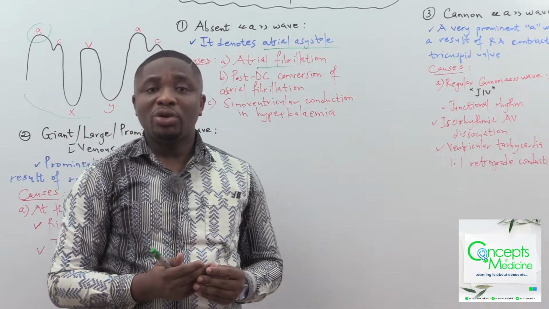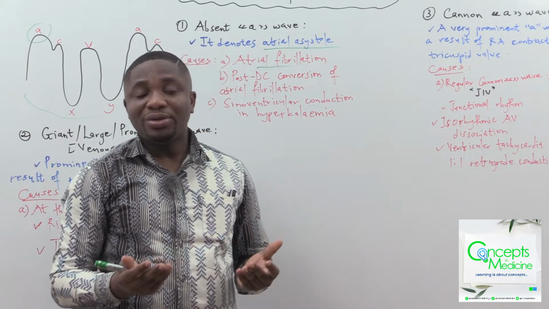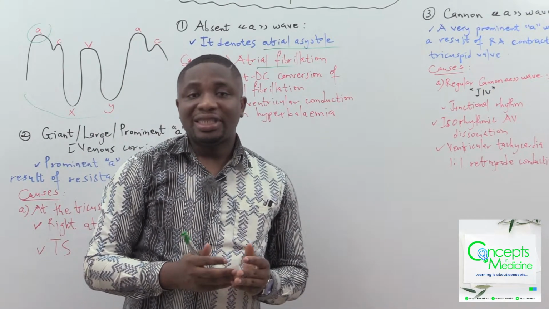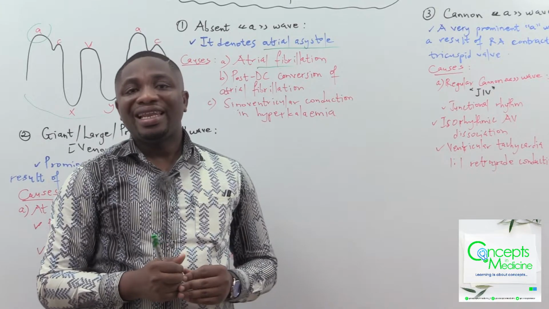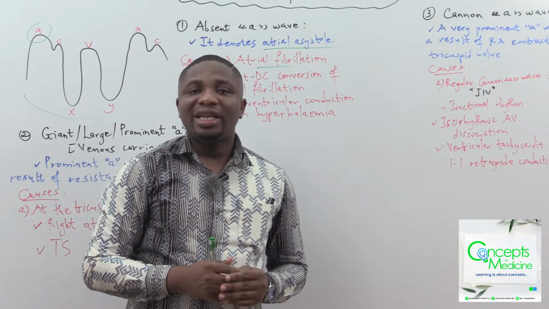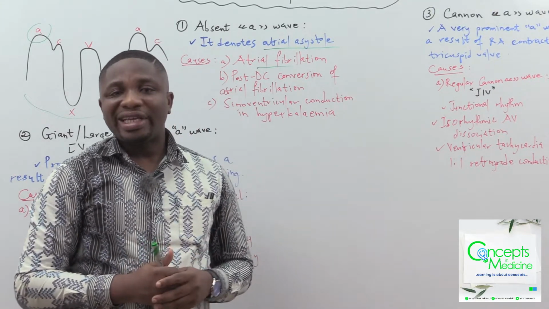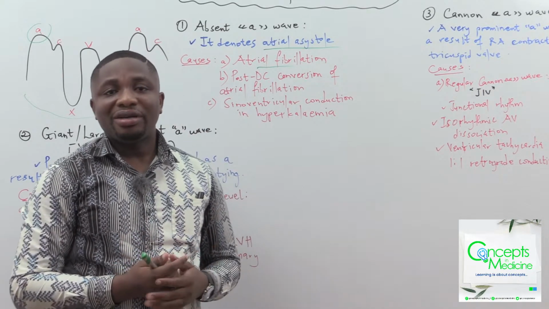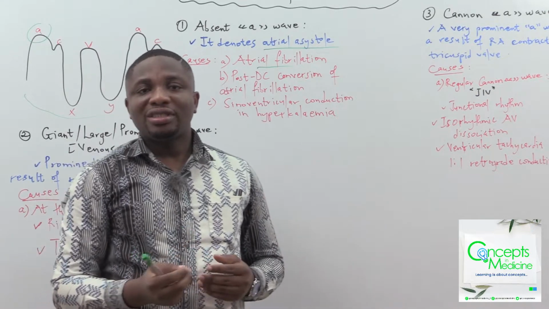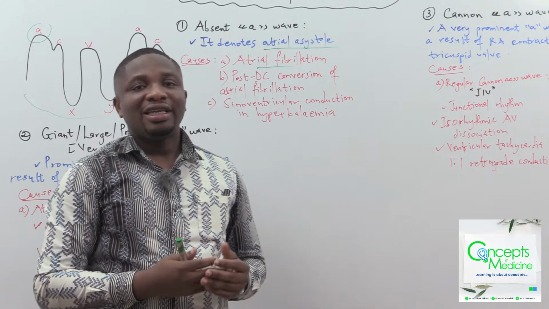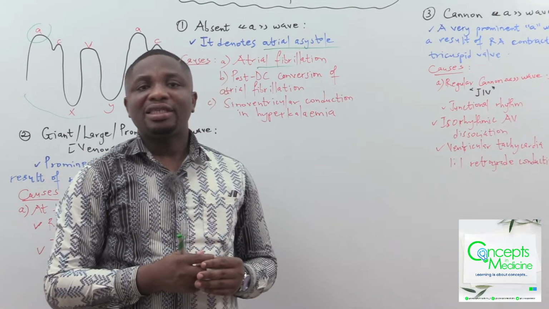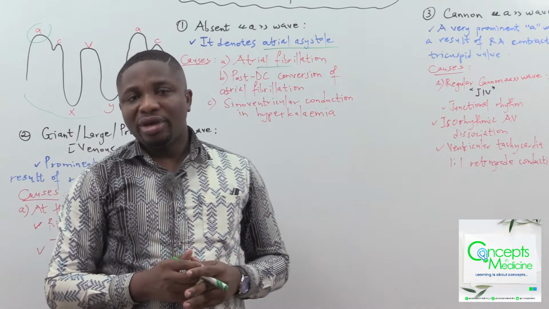We have the chemical cardioversion, which is by using the medications as I indicated, and the second type will be the electrical cardioversion. With the electrical cardioversion, the direct current will be used. So in this case, after the direct current has been used to correct the abnormal rhythm of the heart, the right atrium is unable to contract immediately, hence the absence of the A wave.